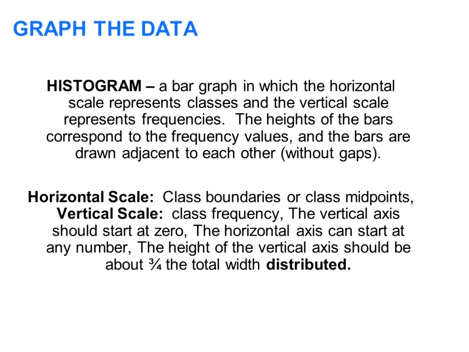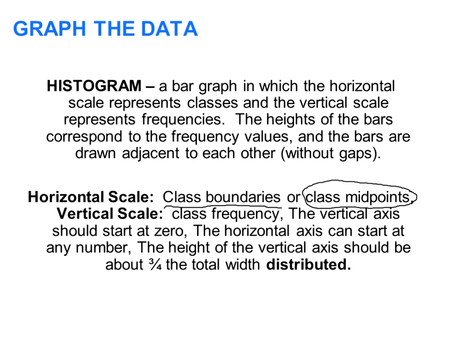Okay, so here is just a definition for a histogram. You already know it's a bar graph, but there are no gaps in between. On the horizontal scale, we're going to use class boundaries. I already showed you that. You also have the option of using your class midpoints.